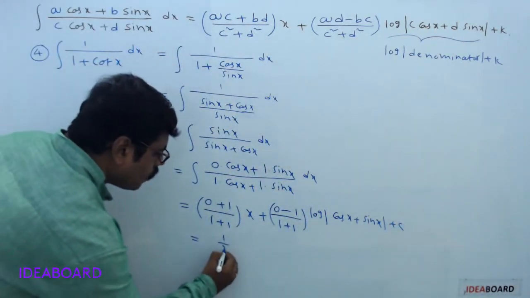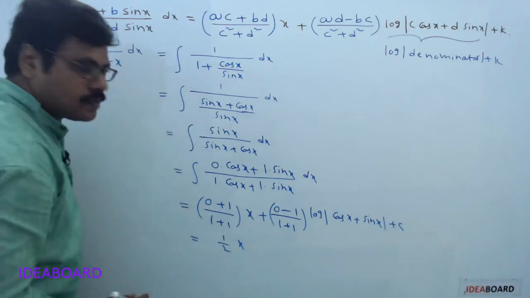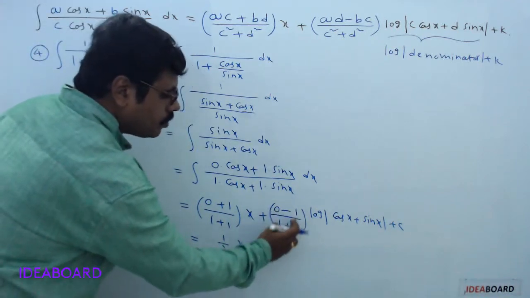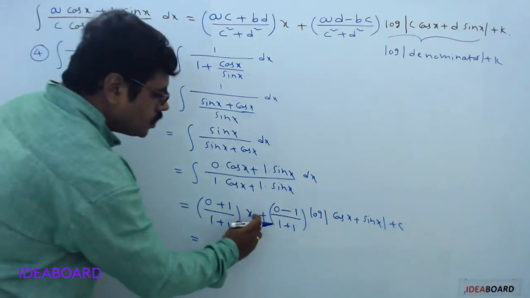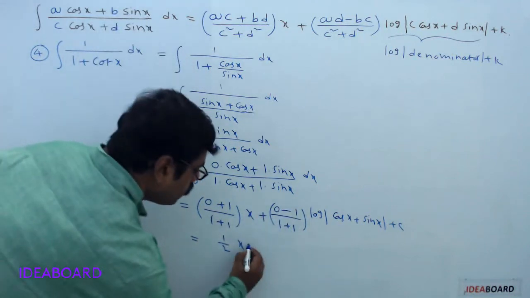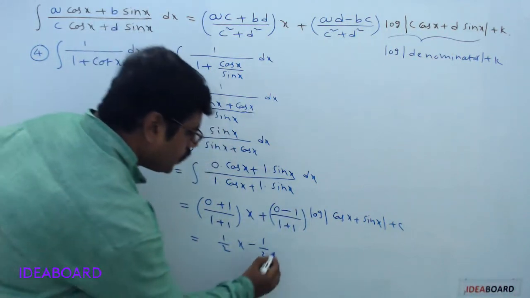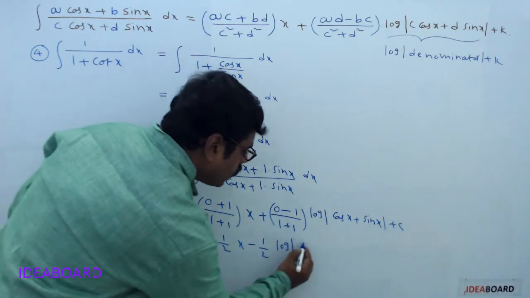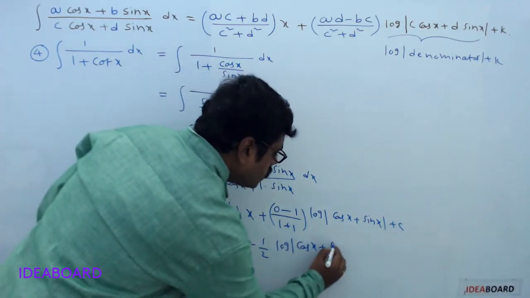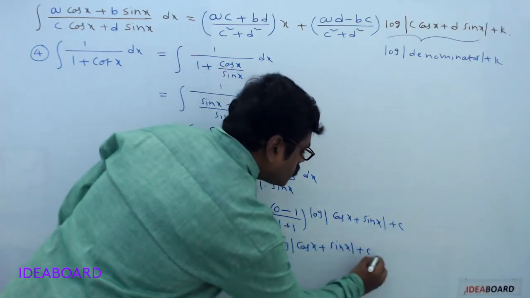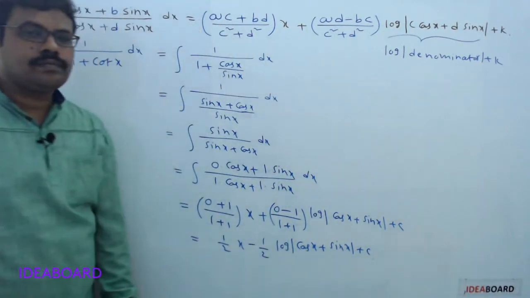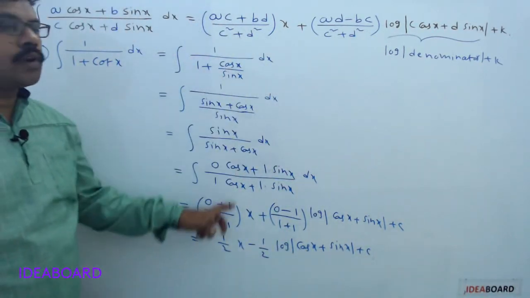Now this is 1 by 2 into x. Here the constant term will be minus 1 divided by 2. So plus minus 1 by 2 into log mod cos x plus sin x plus some constant c. I hope you understood this model.